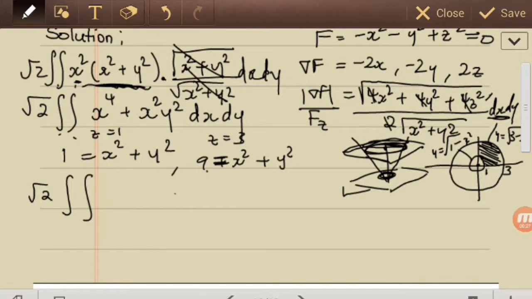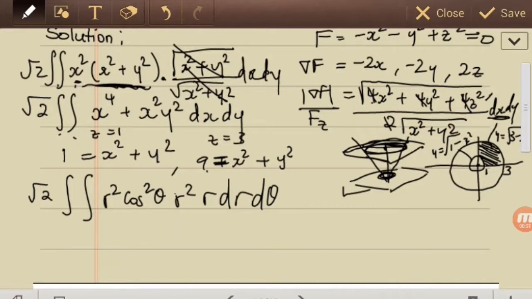In polar coordinates, we know that x is equal to r cos theta, so we're going to have r squared cos squared theta. That's fine. And then we have x squared plus y squared, which is equal to r squared there. If we're going to write this in polar coordinates, that means we must have r dr d theta. Okay, that's fine.